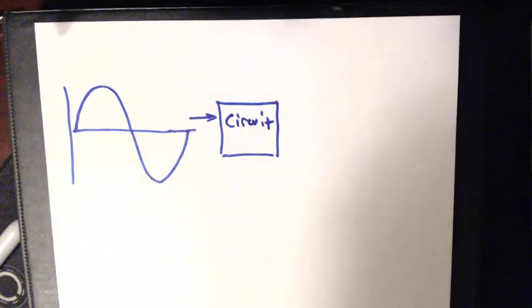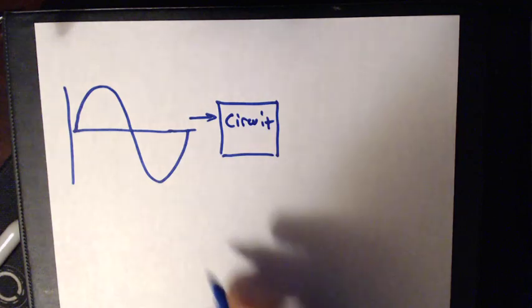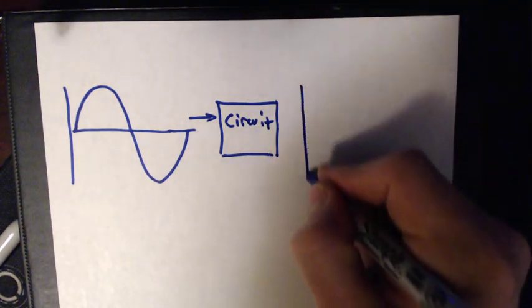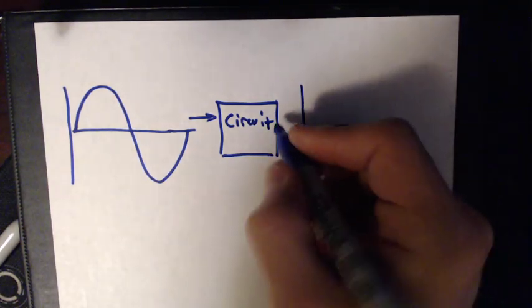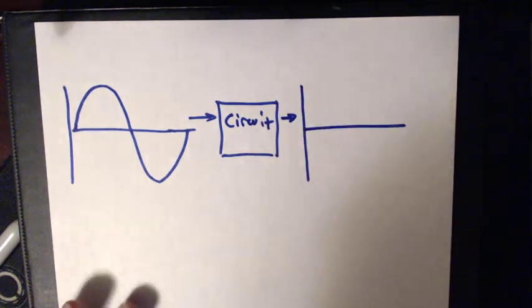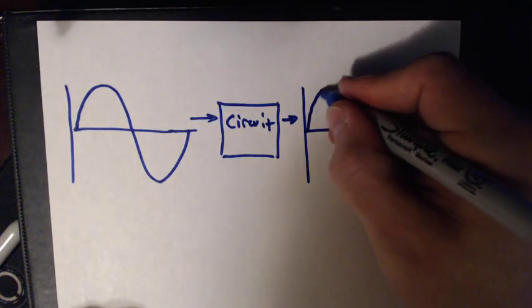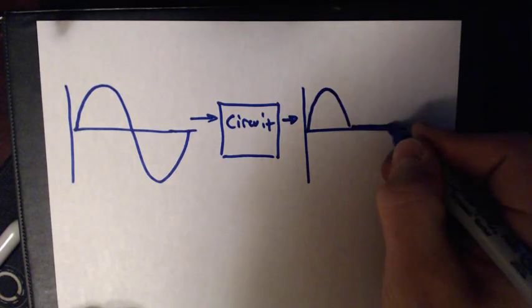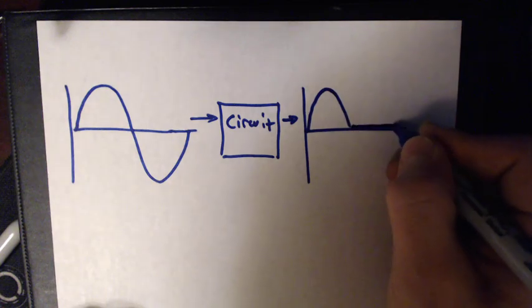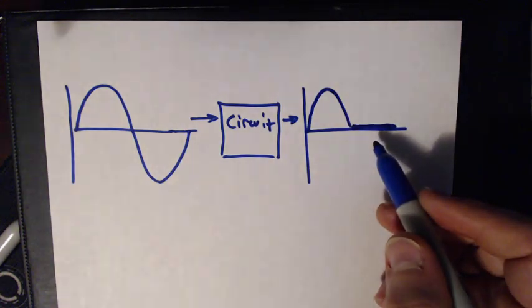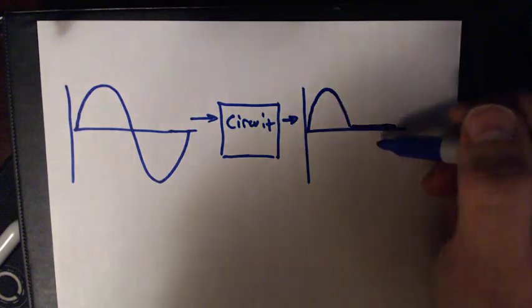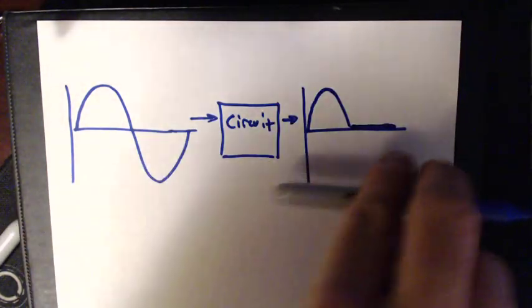If you think about this circuit, we have this AC being applied to the input, and the output of this circuit is always positive. So in other words, no negative voltages can get past this circuit.